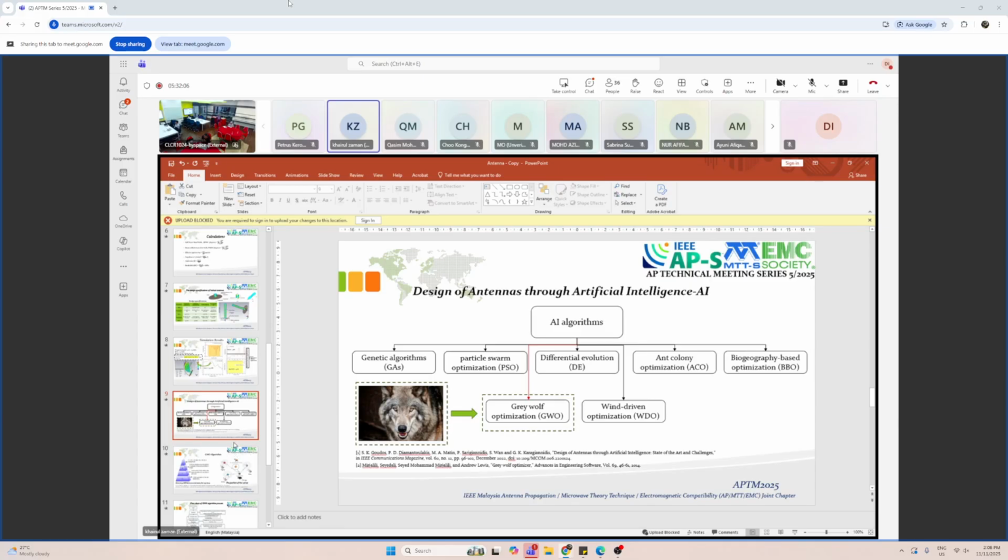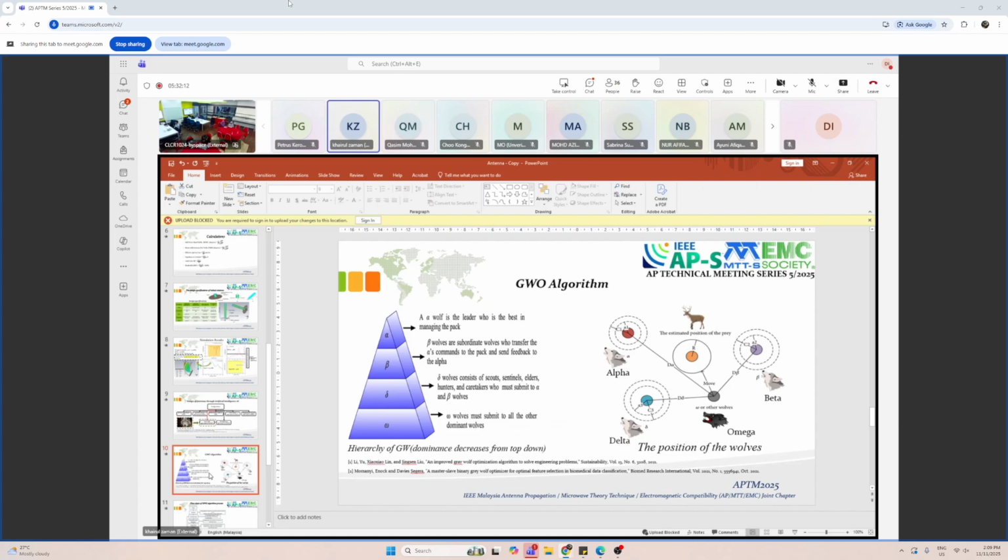So we have to continue here. What is the grey wolf optimization? The basic idea of the GWO algorithm actually comes from how a wolf or grey wolf family or group goes hunting.